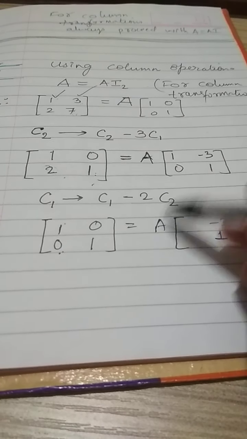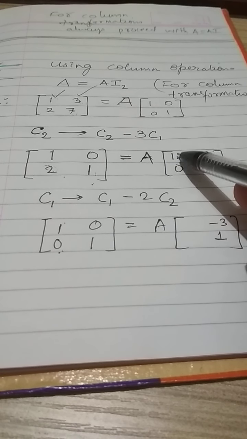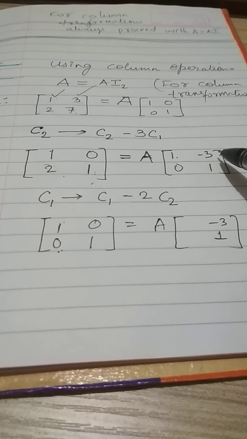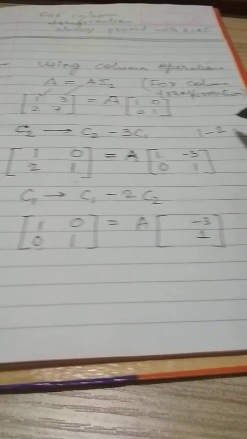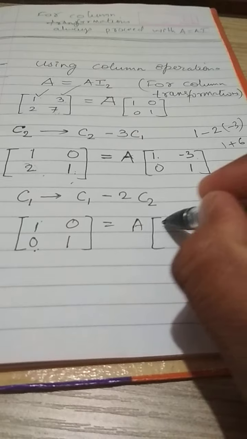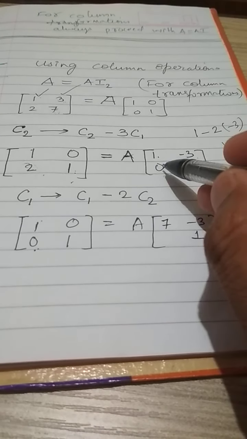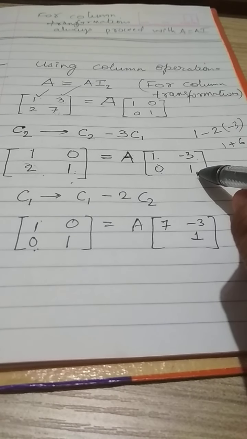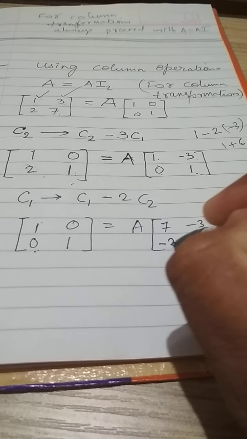Now next is 1 minus 2 times minus 3, so it will be 1 plus 6, that is 7. Here 0 minus 2 times 1 is minus 2.